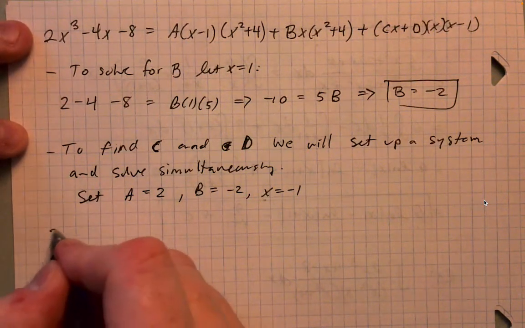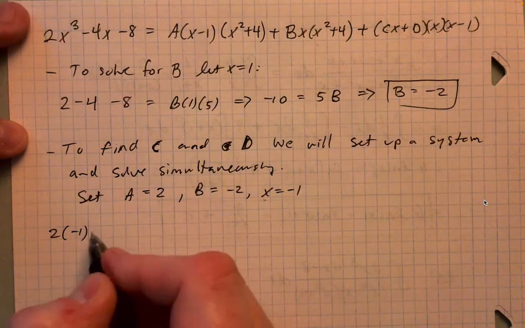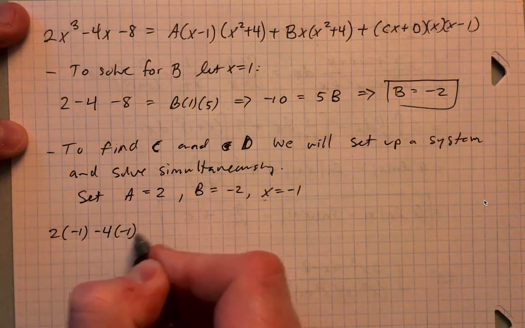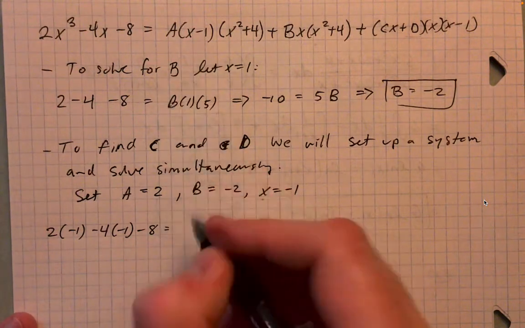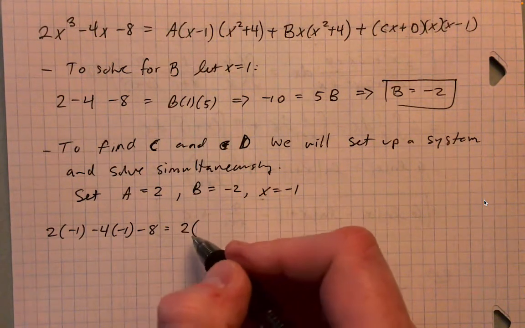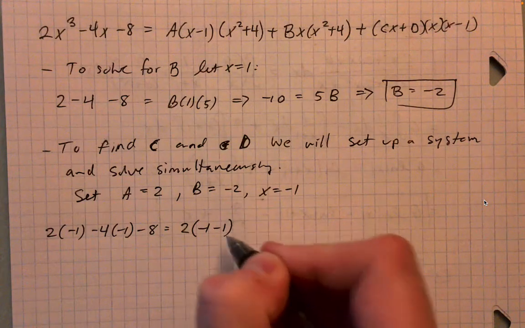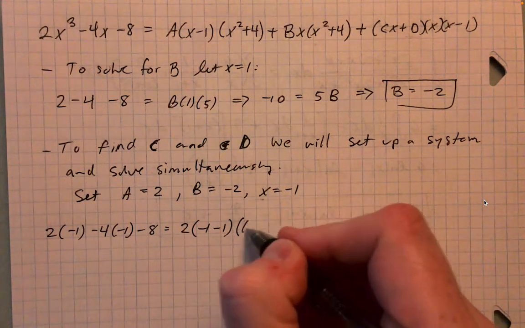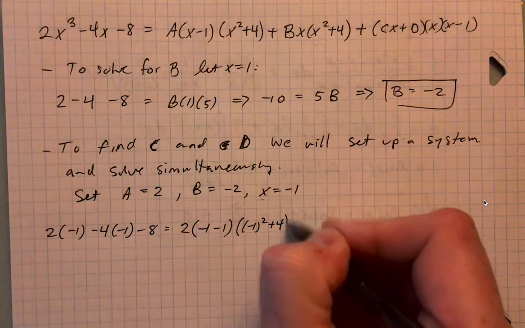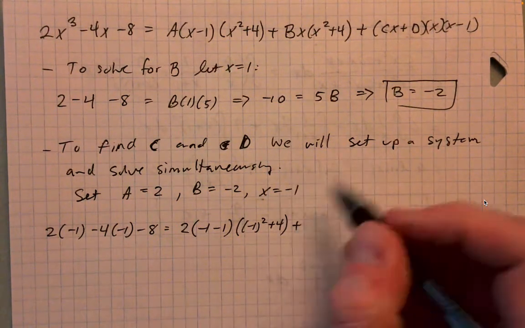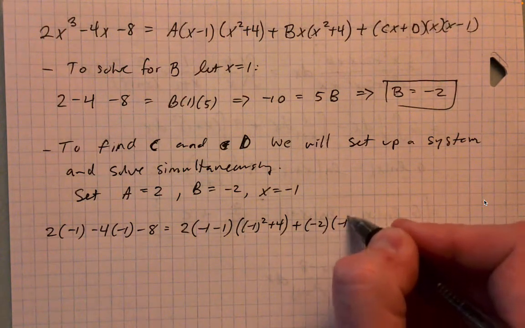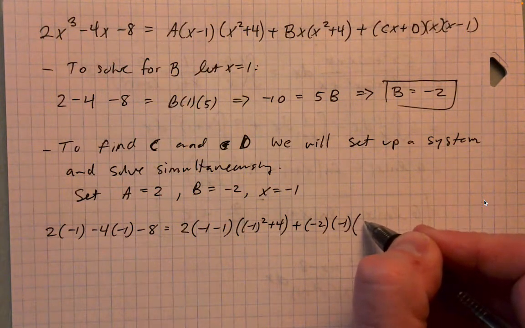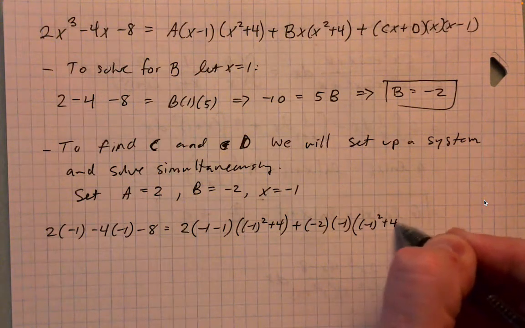So we get 2 times negative 1 minus 4 times negative 1 minus 8 over here. Okay. And then on the other side, a is equal to 2, so we get 2 times negative 1 minus 1 times negative 1 squared plus 4, so we have to be a little careful here, plus, now b is equal to negative 2, and then times negative 1 times negative 1 squared plus 4.